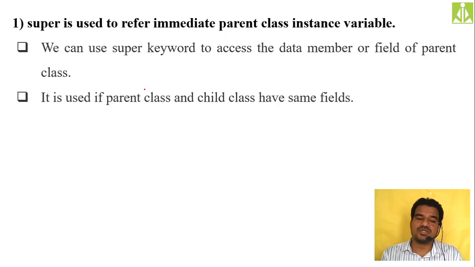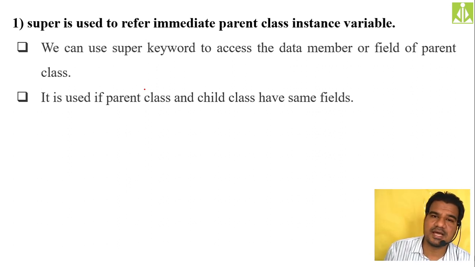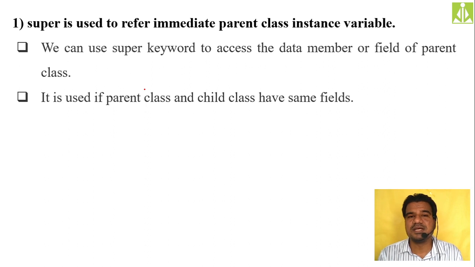Yeah, first one: super is used to refer to the immediate parent class instance variable. We can use the super keyword to access the data member or field of the parent class. So when you're accessing the fields or data members of the parent class within the current class, super is acting like the instance of the parent class.